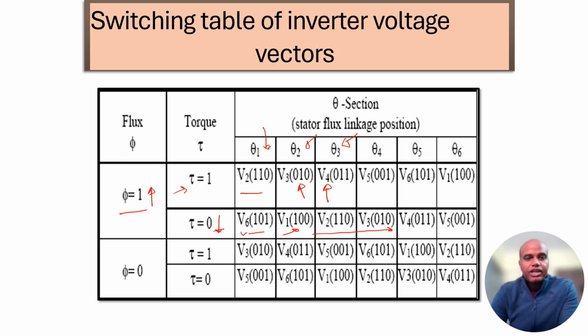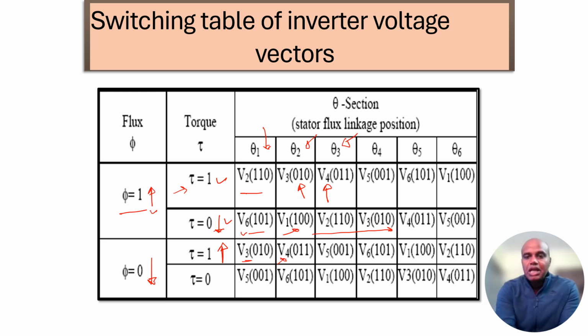That is what I need if I want to increase or decrease the torque while increasing the flux. Similarly, let's say I need to reduce the flux and increase the torque, and my actual vector is in segment 1, or sector 1. Then I need to select the switching vector V3. If it is in segment 2, then I need to select the switching vector V4.